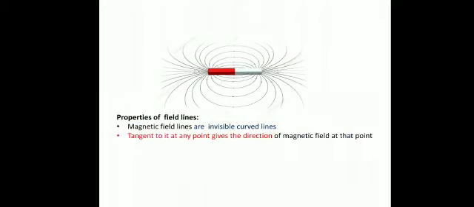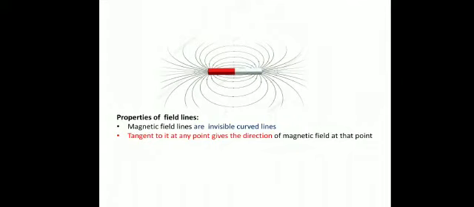Number two, if we draw a tangent at any of these points on the curved line, this side or that side, the tangent shows the direction of the field. So at any point, if we draw a tangent, that will show the direction in which the magnetic field is moving, right?